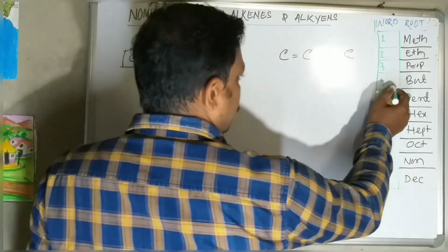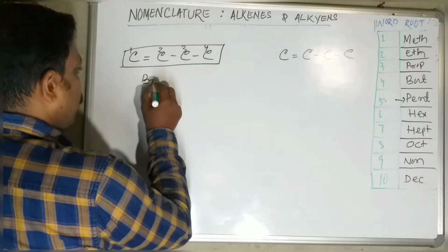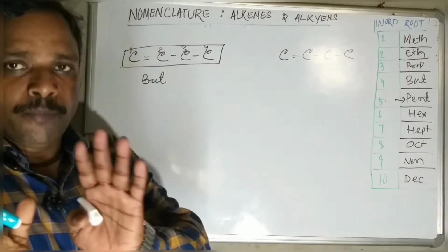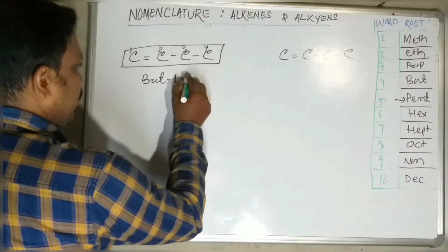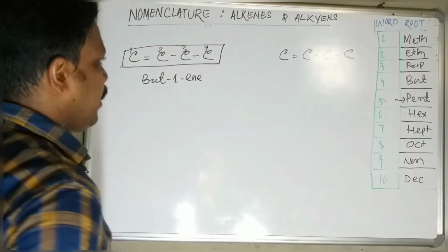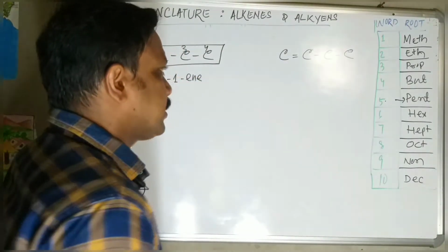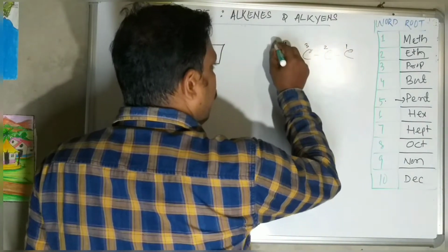So 4 is but, and the functional group double bond is placed on first position, but 1 ene. And if we start counting from the right hand side, this is 1, 2, 3, 4.